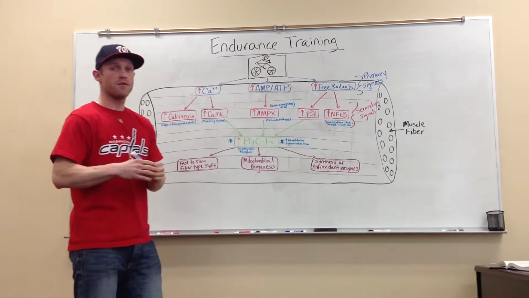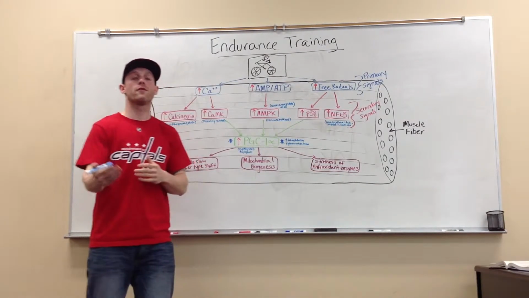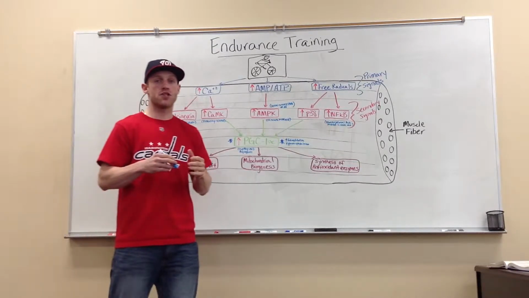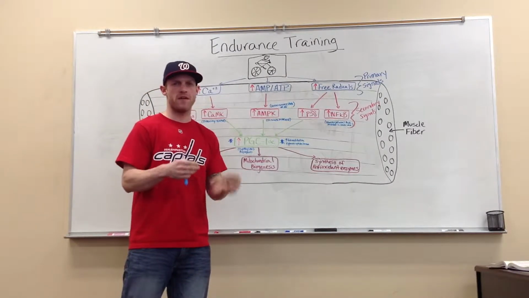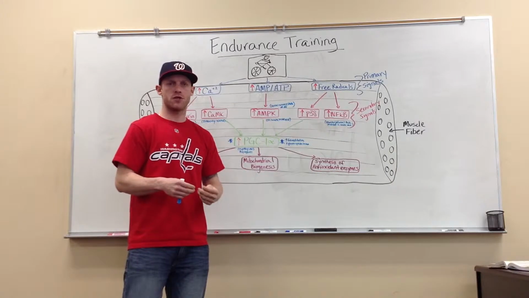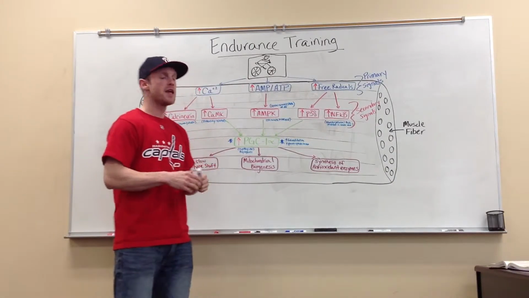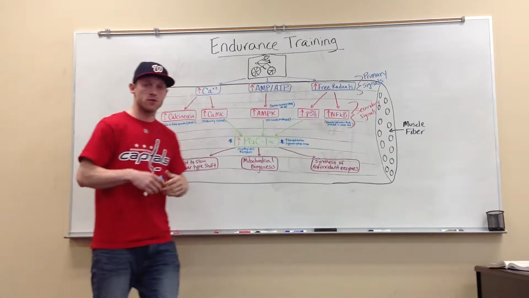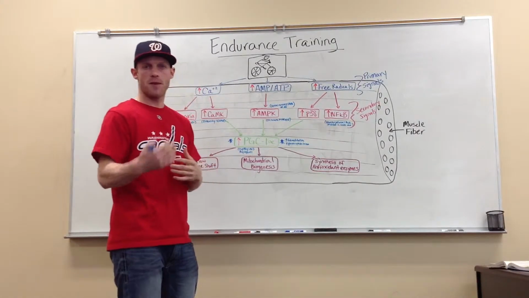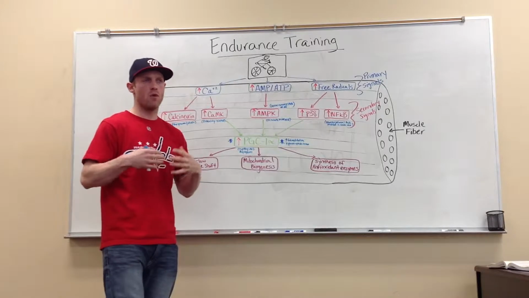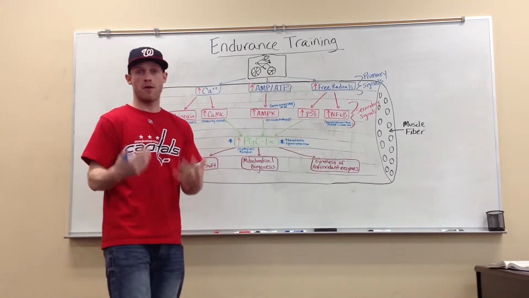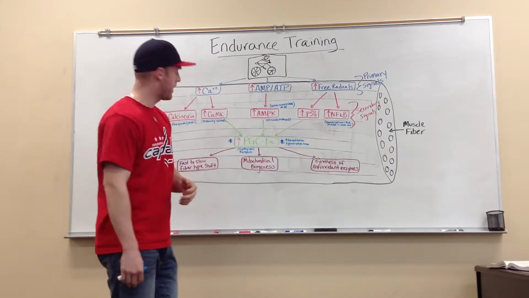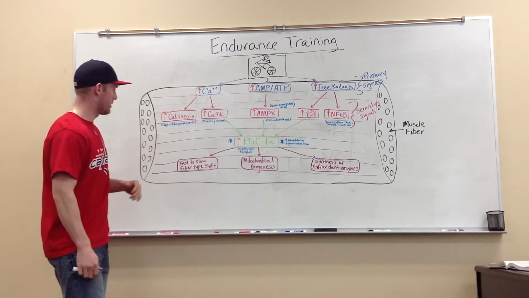If you train more for endurance, you're going to have a shift from your type 2 fibers, which are your more fast, explosive fibers that you would use more for resistance training, to slow fibers, which are your type 1 fibers. Type 1 fibers have more room for oxidation. They are better for endurance training. So that's what that's going to help with.